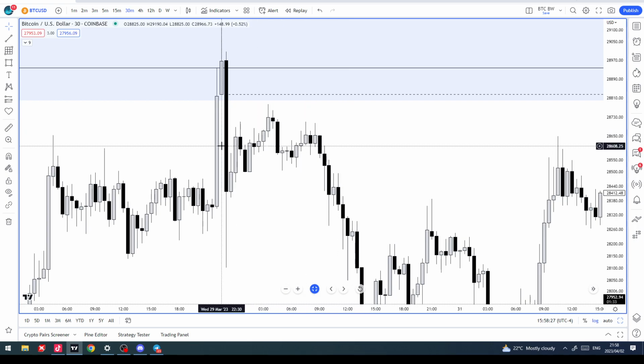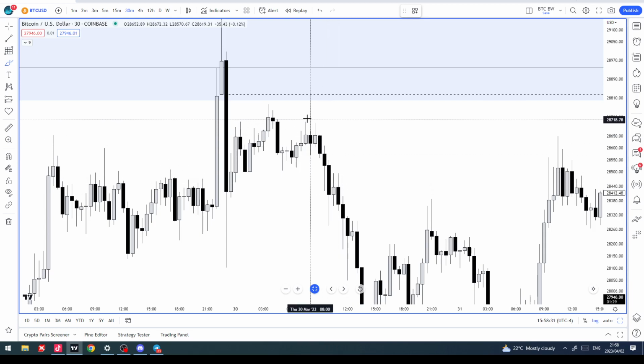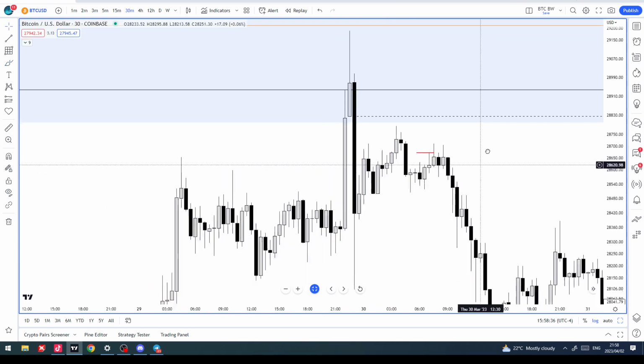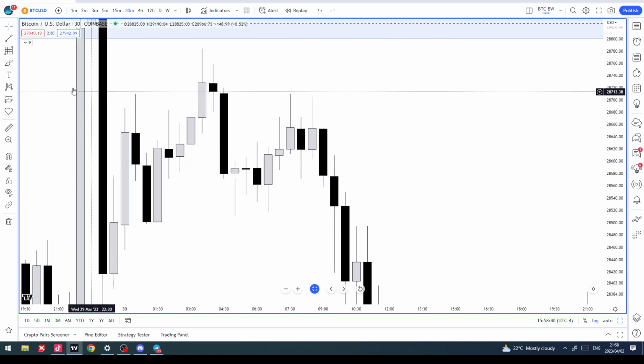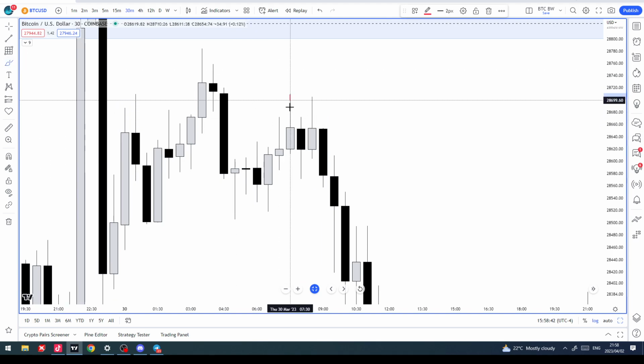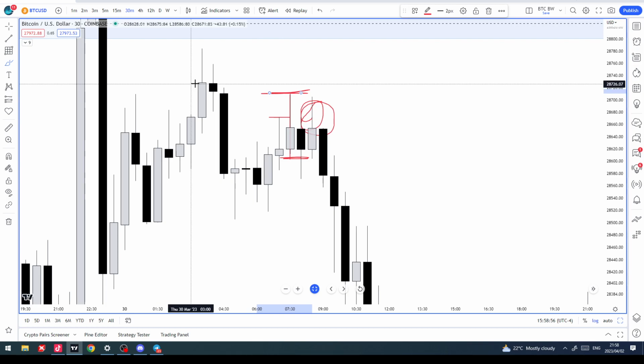And if you took it even further, start thinking about candles like this. This candle took this candle's high, right? Let me zoom in there. This candle took this candle's high. Then it got traded through here, right? Anything after that should never come above this high again. You see that?